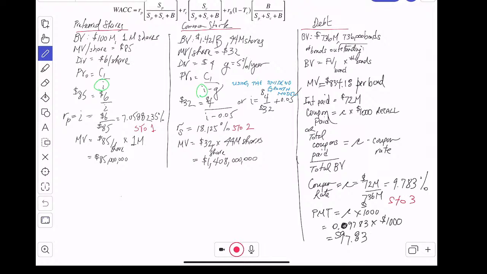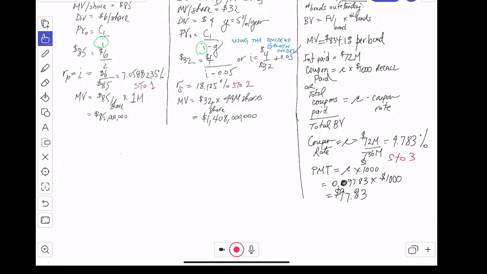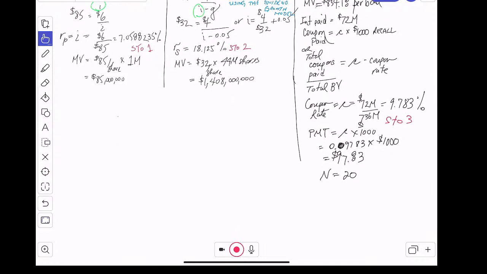Since I just need the dollar amount, because that's all that's going to be paid, I'm just going to leave it like that. Now this bond is a 20-year bond, 20 years to maturity. And we have all the information we need now to estimate the yield to maturity.